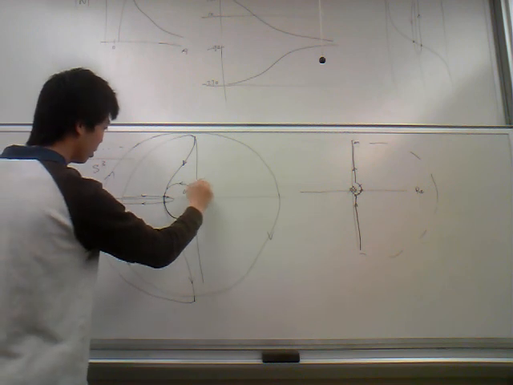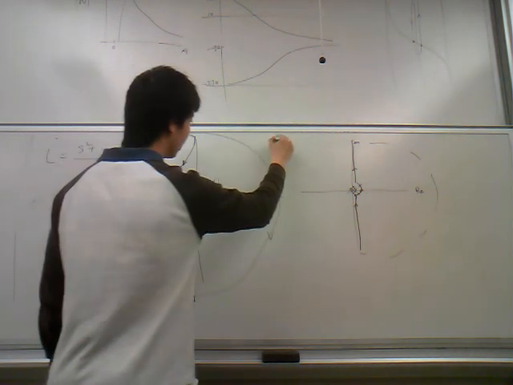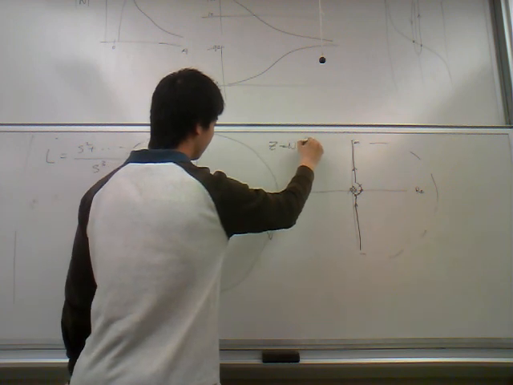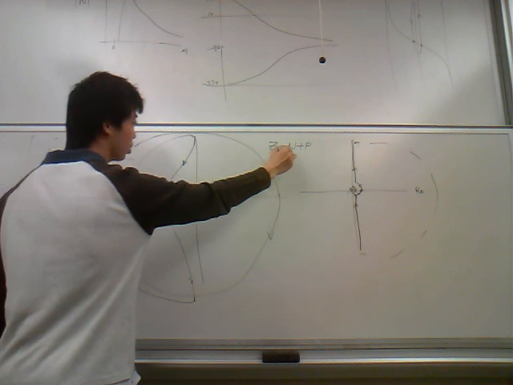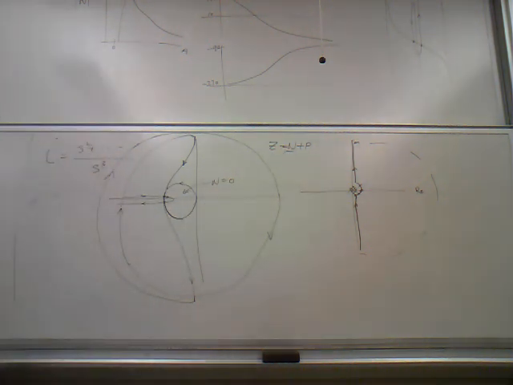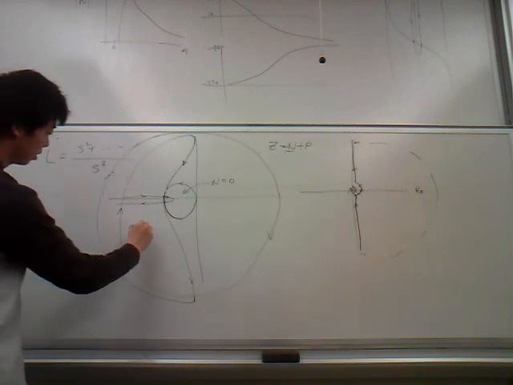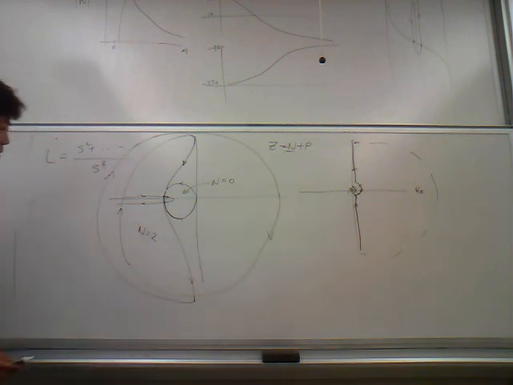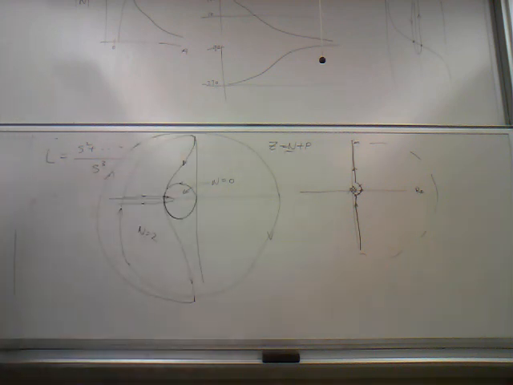So with z equals n plus p, not your nonlinear thing, but the number of encirclements is actually 0 in here. And now here, it's actually 2, because you got 1 and you got 2.